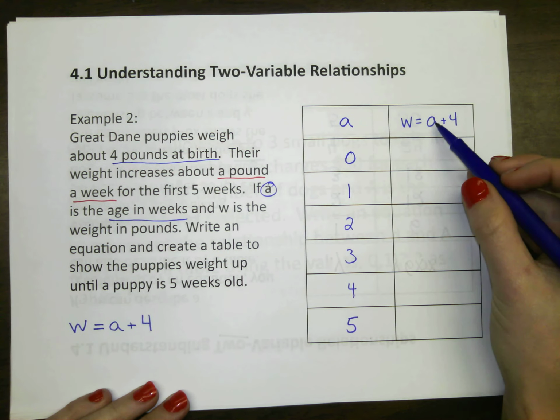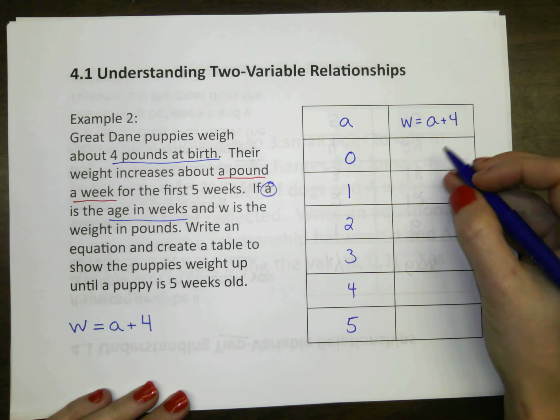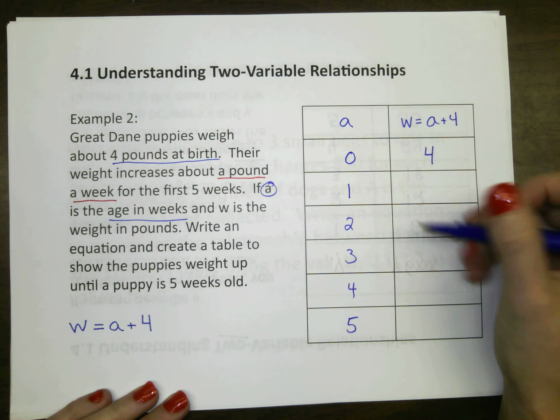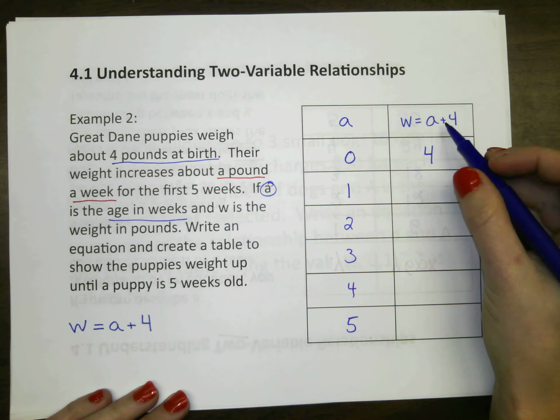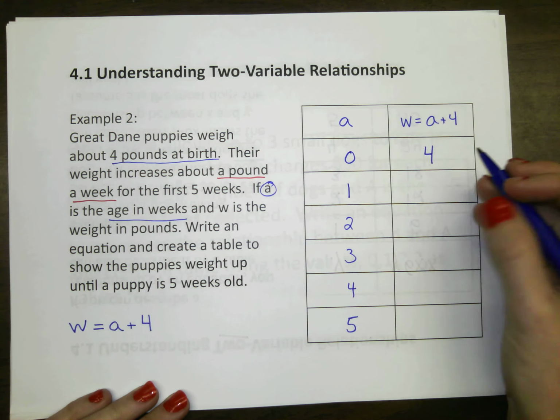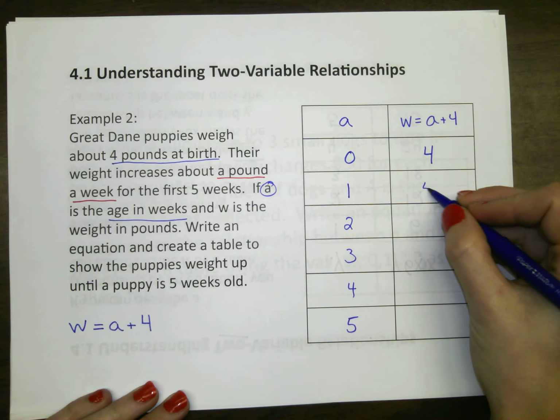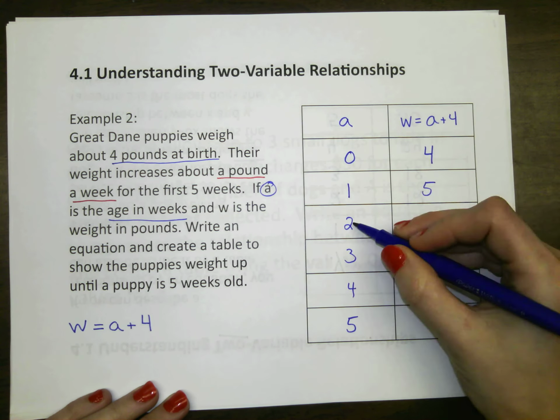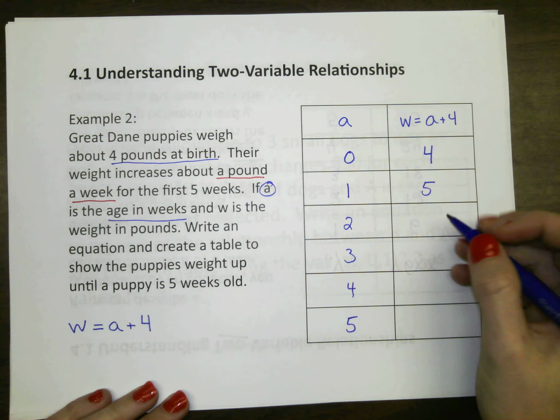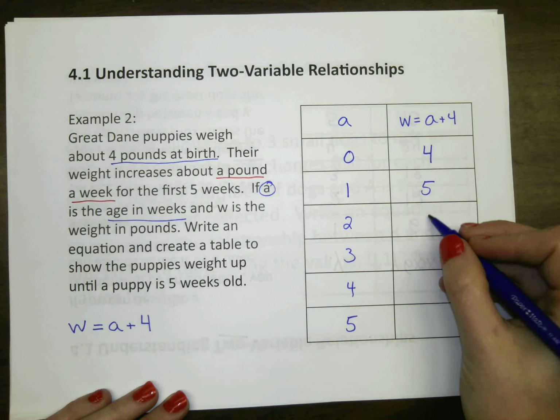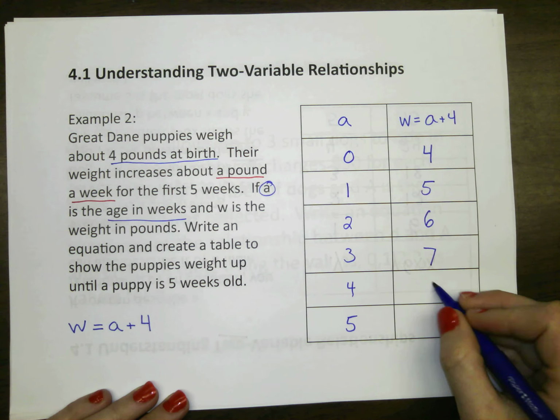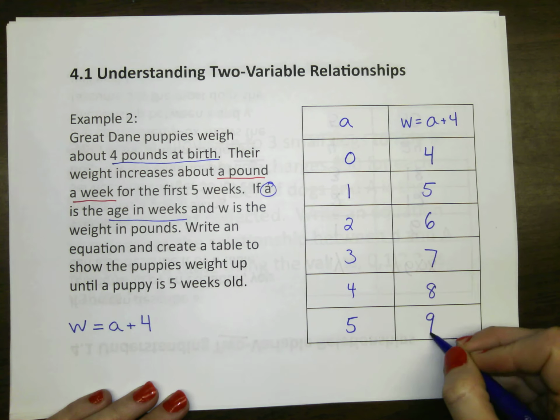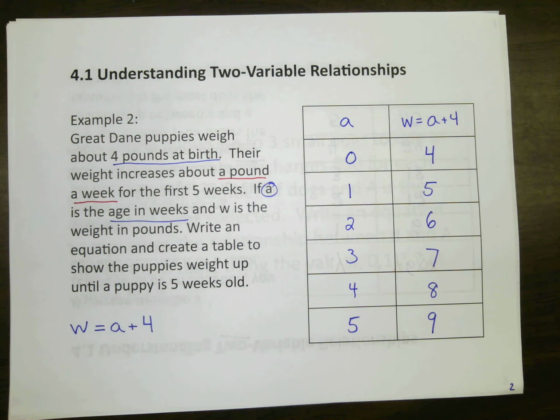At birth, the age is 0 and it weighs 4 pounds. After 1 week, it's going to weigh 1 plus 4, which is 5 pounds. At 2 weeks, 2 plus 4, which is 6, and so on. You start to see the pattern. Here's another example. You won't always be given the equation.